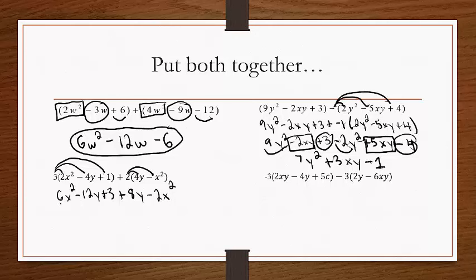Go through and combine your like terms. So we have -12 and positive 8. That makes -4 y's. And I'm stuck with a plus 3.